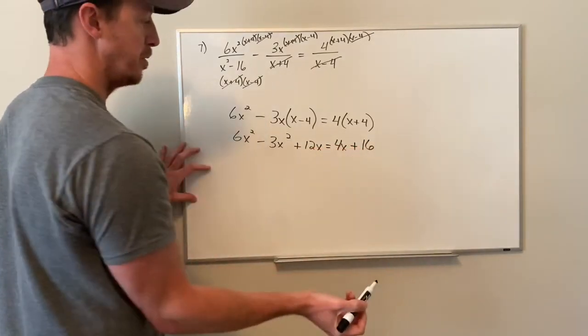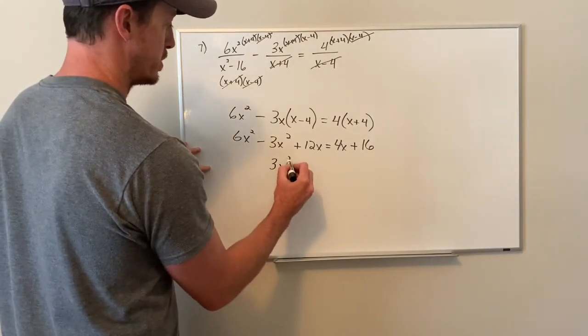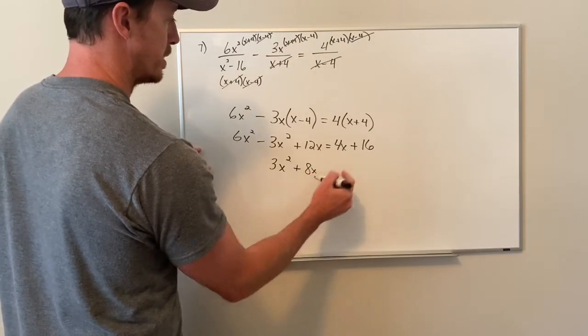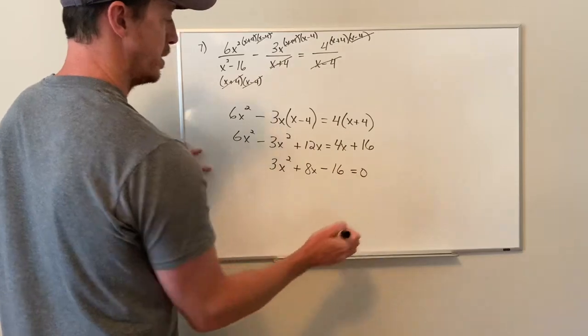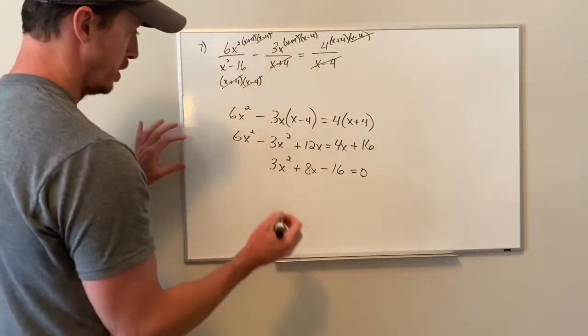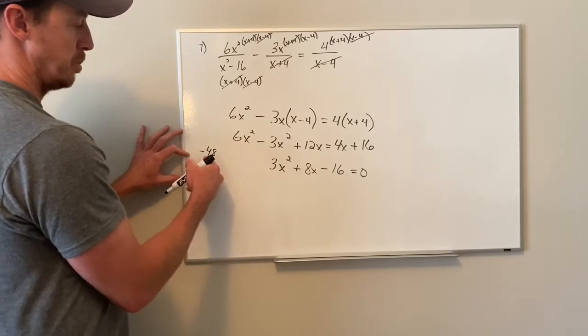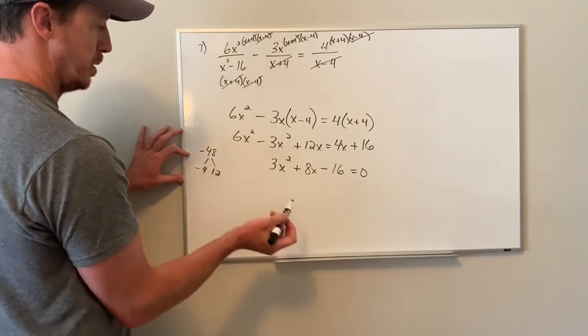All right, so do a little bit of work here. A little distributive property. 6x squared minus 3x squared is 3x squared. I'm going to bring this 4x over. That's going to make that an 8x. Bring the 16 over, makes it minus 16 equals 0. 3 times negative 16 is negative 48. Numbers that multiply to negative 48 and add to positive 8 would be negative 4 and 12.